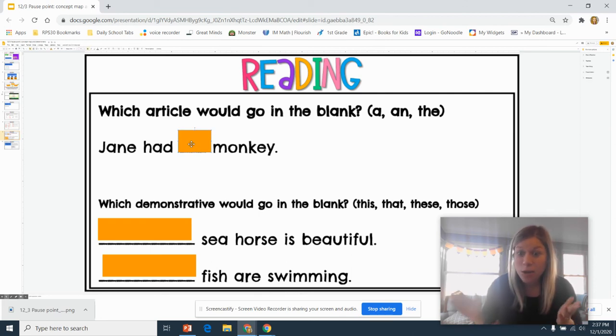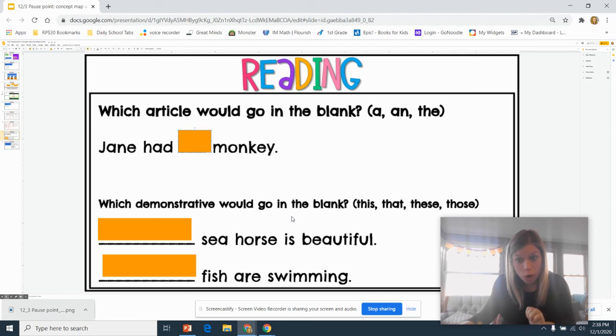You can either type it in the orange box, or if you want to, just like on part 1, if you would rather write it in your journal and put a picture, you can put the picture of your journal on this slide. After you have done the article, now you're going to move on to the demonstratives. Which demonstrative would go in the blank? This, that, these, or those.